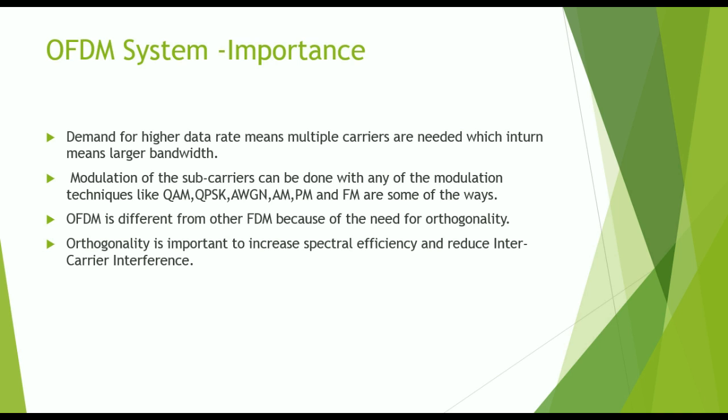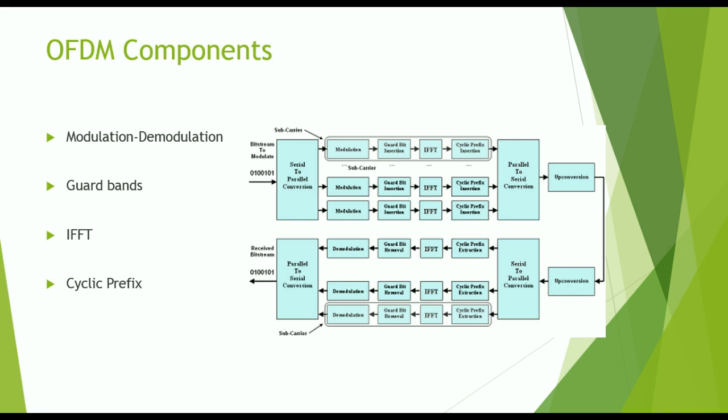The other advantage of OFDM system is that every subchannel can use any of the modulation techniques like QAM, QPSK, and so on. OFDM is different from other frequency division multiplexing because of the need for orthogonality. It also increases spectral efficiency and reduces intercarrier interference.